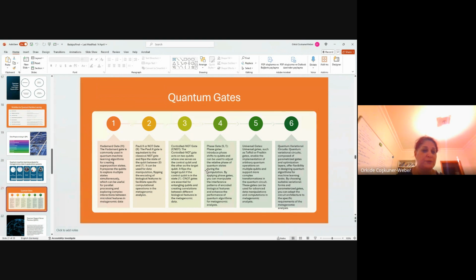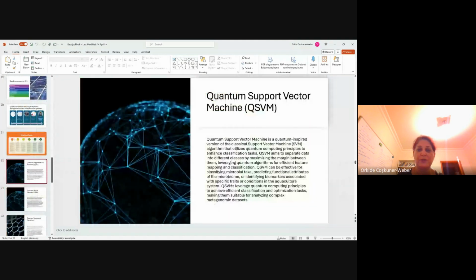So when it comes to the quantum machine learning algorithms that can be used, quantum support vector machine is one of them. This is a quantum-inspired version of the classical support vector machine algorithm that utilizes quantum computing principles to enhance classification tasks.